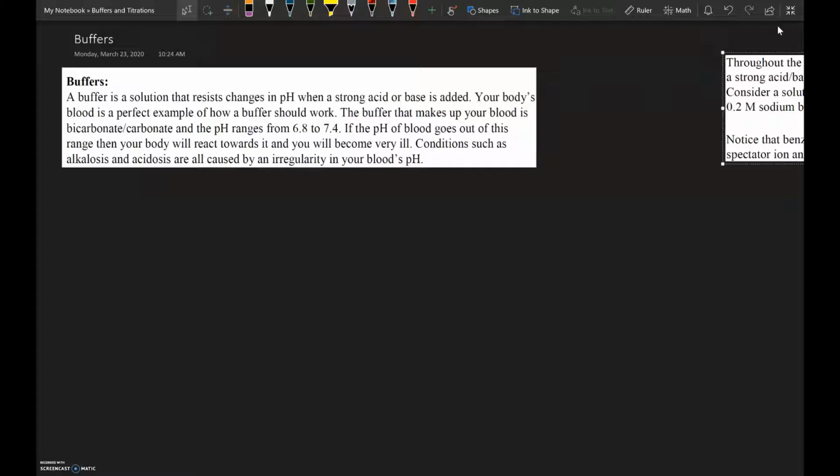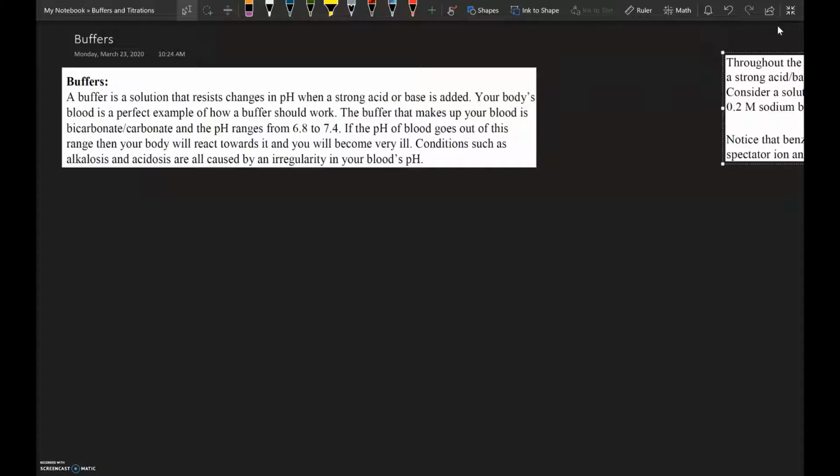Now, if you were to take a buffer such as the bicarbonate and carbonate buffer, and you put in hydrochloric acid, or even the lemon juice for that matter, it shouldn't change pH very much, because if it's a true buffer, it's going to resist that change. Once you get out of this buffer zone, as we're going to call it later, you're going to start to see the pH be affected more drastically.